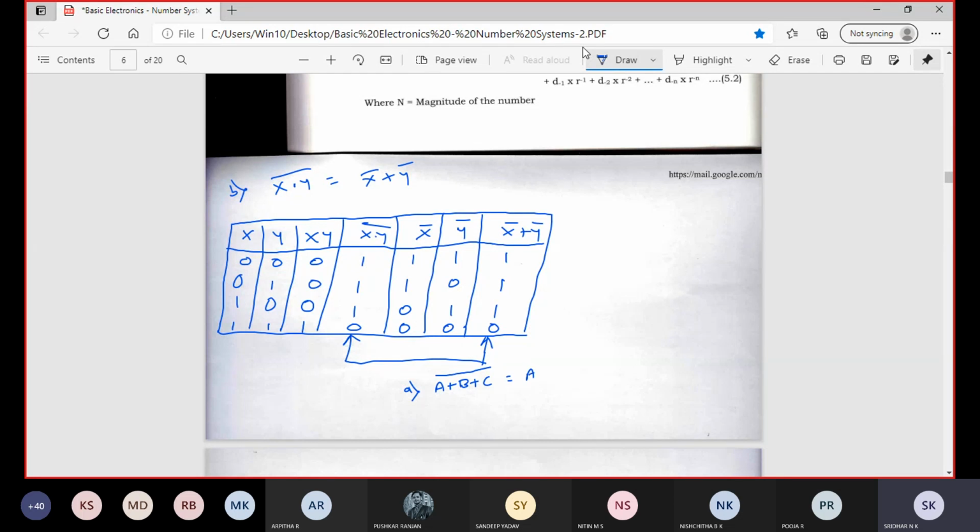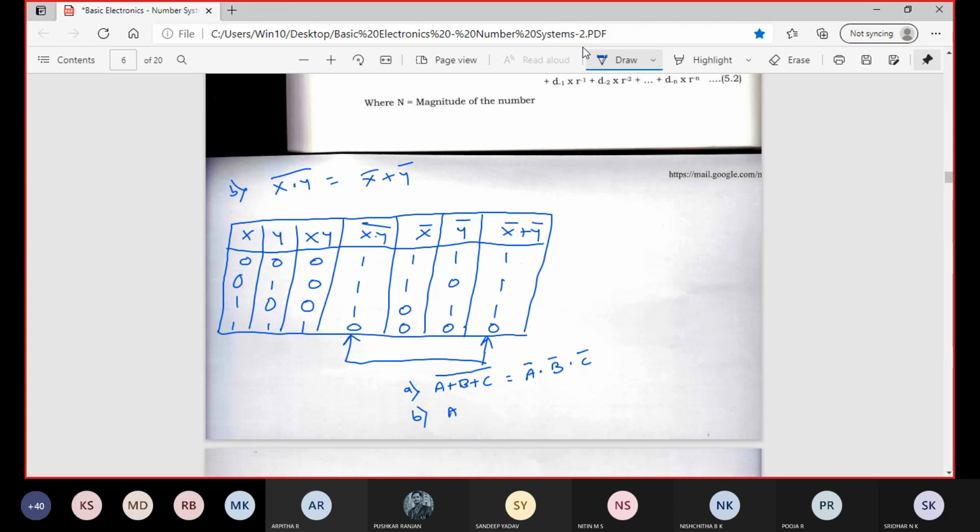I told you, replace all plus with dots: A bar dot B bar dot C bar. And whole complement becomes individual complements. Understood? Yes, sir.